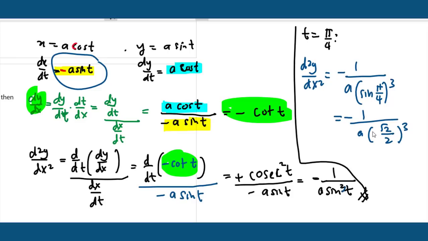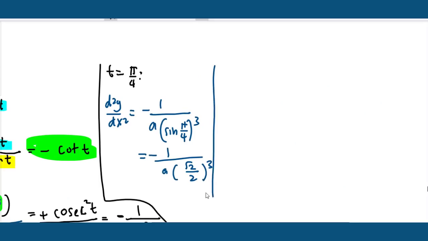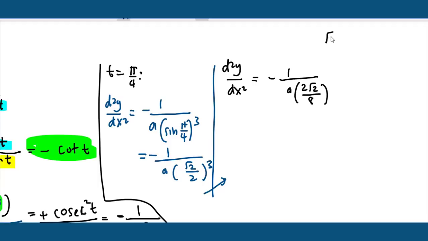And simplify. Then d²y/dx² is negative 1 over a times 2 root 2 over 8. Here root 2 cubed is root 2 times root 2 times root 2. The answer is 2 root 2.